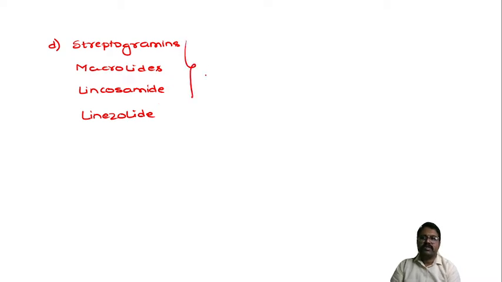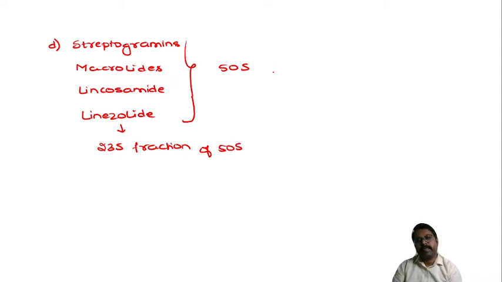So all four of these will basically bind to the 50S ribosomal unit, but linezolid will bind specifically to the 30S fraction of the 50S ribosomal unit.